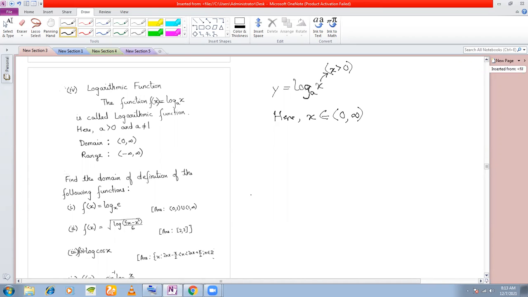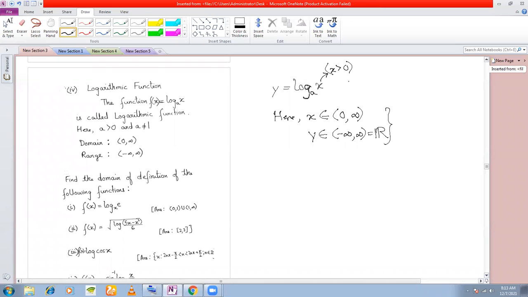Next, what should be the range? The range can be any real number. So the value of log x to the base a can be any real number. And this is about your domain and range.